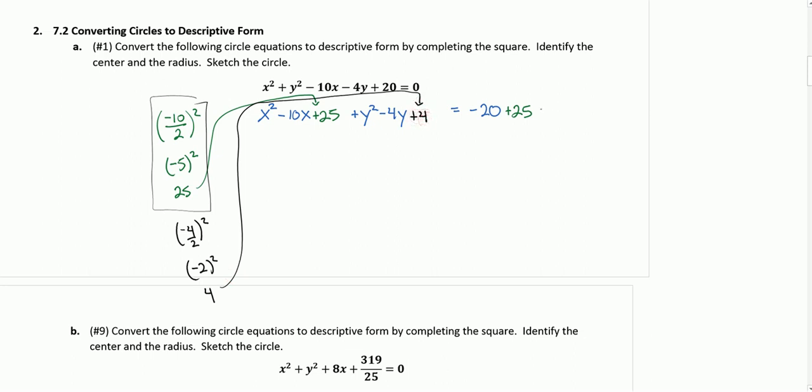But whatever you add to the left side, add to the right side as well. And now we factor. When you factor the x terms, you get x minus 5 times x minus 5. When you factor the y terms, you get y minus 2 times y minus 2.